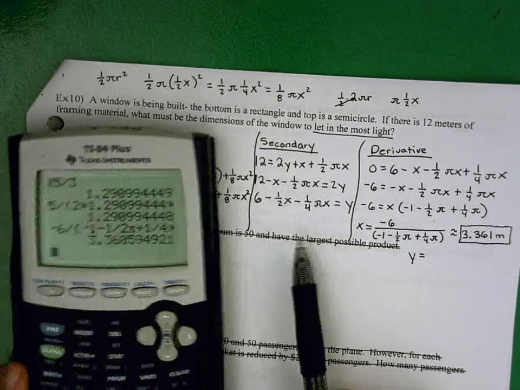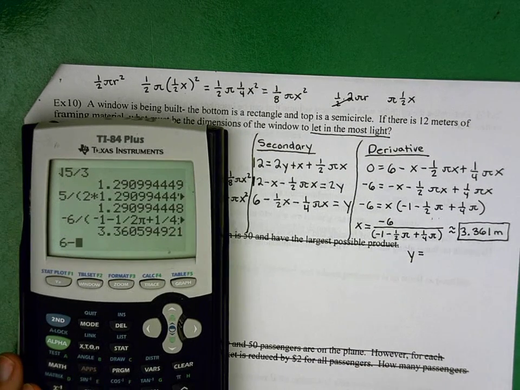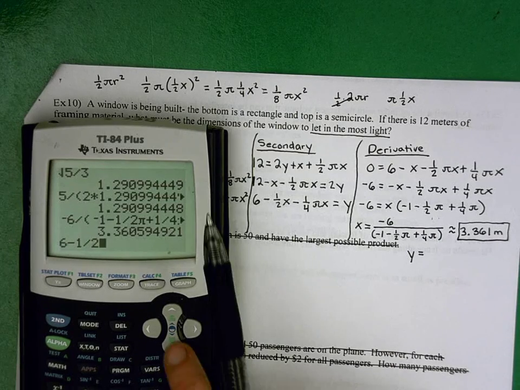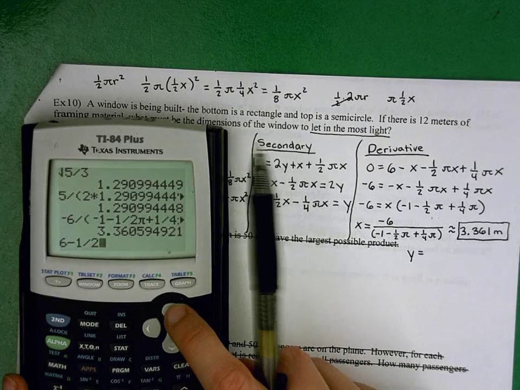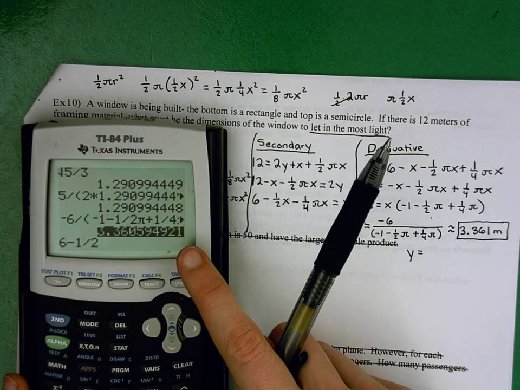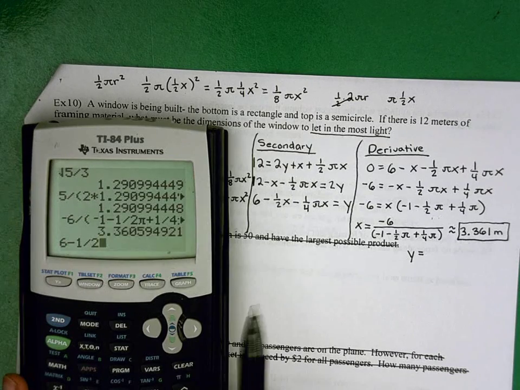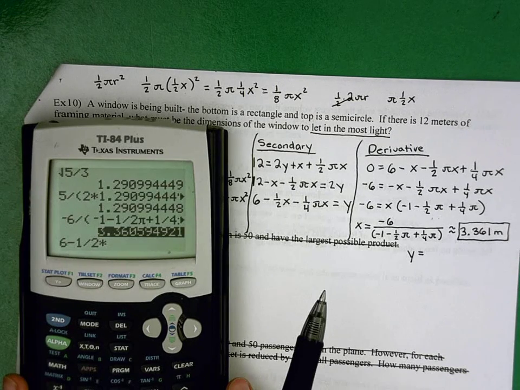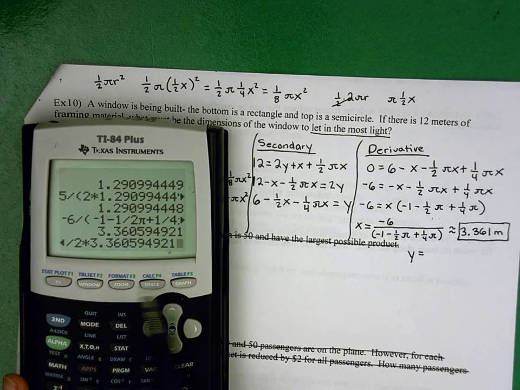Okay, so my y is 6 minus 1/2 of my x, and my x in this particular case is that decimal, so I'm going to hit up so that my decimal is selected, and I'm going to hit enter, let me put in a times there, which will allow my calculator to auto input that decimal.